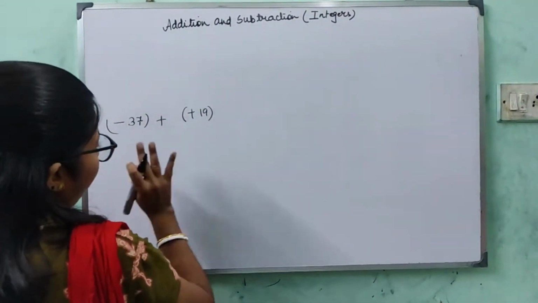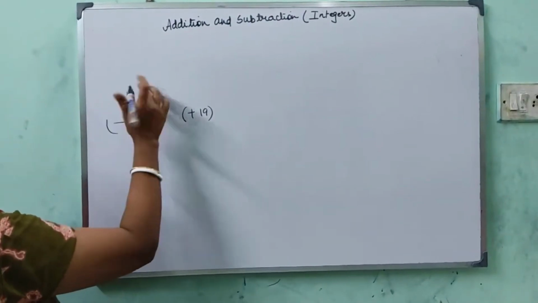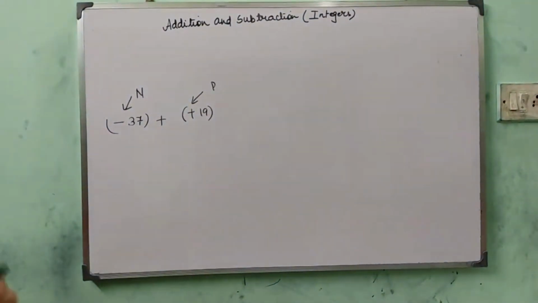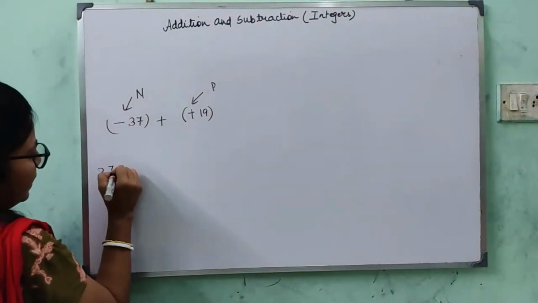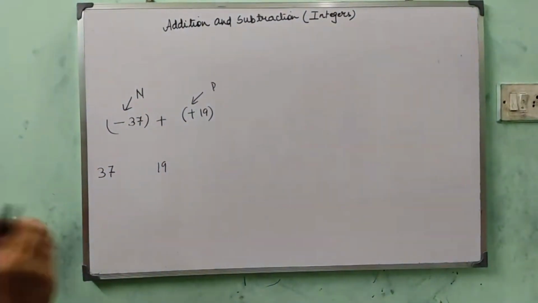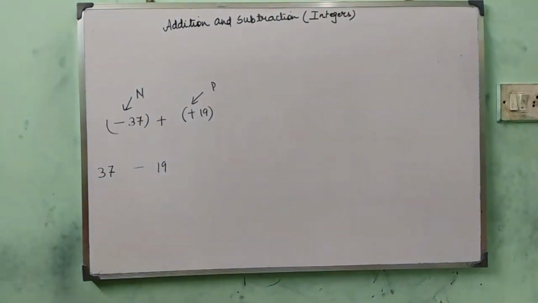In case you are having such numbers, where this is a negative number and this is a positive number, what to do? You just take out the numbers, separate them without thinking of the sign, just the two numbers 37 and 19. Now find out the difference. What is 37 minus 19? That is your 18.